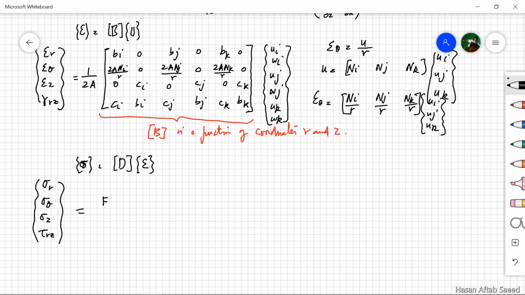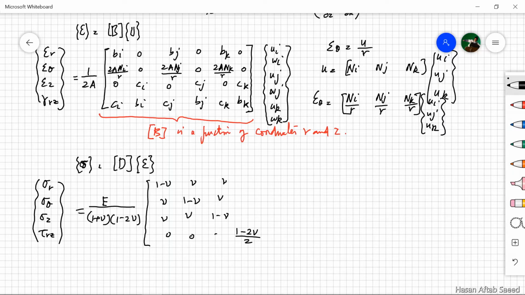The D matrix takes the form 1 plus mu, 1 minus 2 mu, 1 minus mu, mu, 1 minus 2 mu over 2. Here we have mu, 0 0 0 0, and this is the D matrix, and this time on the right hand side you have the strain vector.